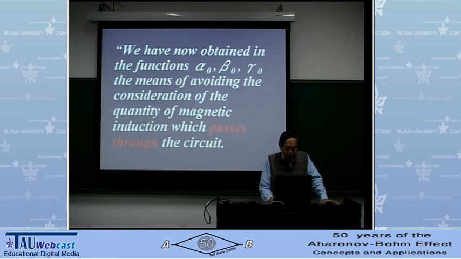If you want to search through that paper, this is the paragraph which has some bearing on this puzzle. Maxwell wrote, "We have now obtained in the functions alpha 0, beta 0, gamma 0," that means the components of the vector potential, "the means of avoiding the consideration of the quantity of magnetic induction which passes through the circuit.